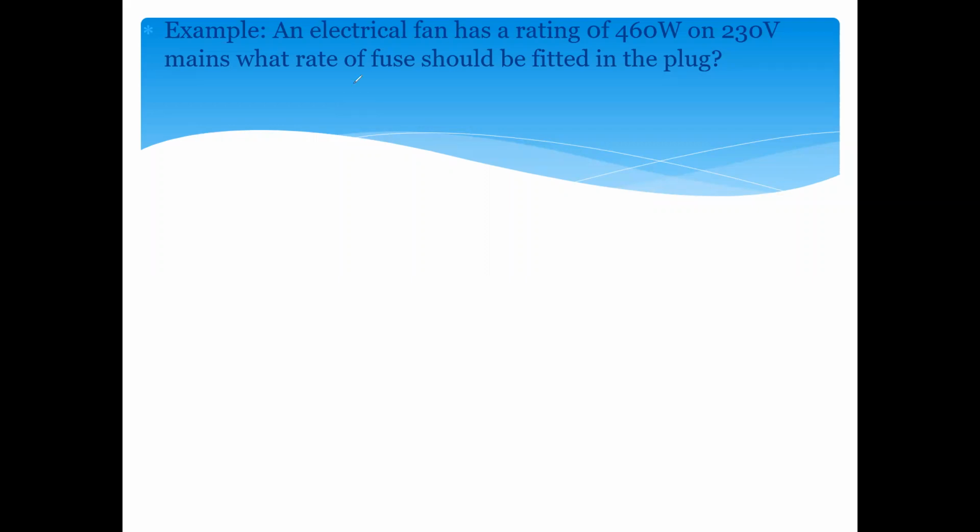How do we know the current needed for this device? P = VI. P is the power, which is 460. V is the voltage, 230. Current we don't know. So 230 is multiplied on one side, on the other side it will be divided. So 460 divided by 230, this electrical fan needs 2 ampere to work.